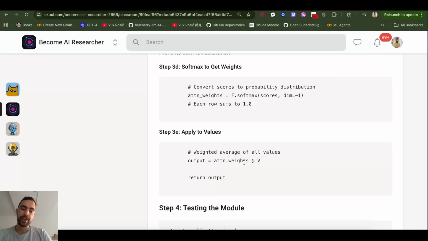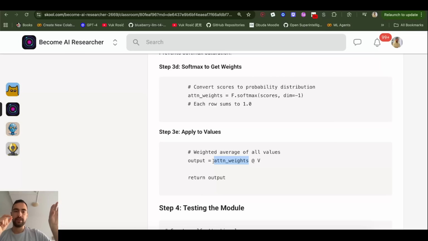Now, I explained this in the previous lesson, but for every token, we take its value and add all of the values of other tokens, but weighted. If another token is very important, then the attention weight will multiply its value by a high number, and then we add this vector element-wise.